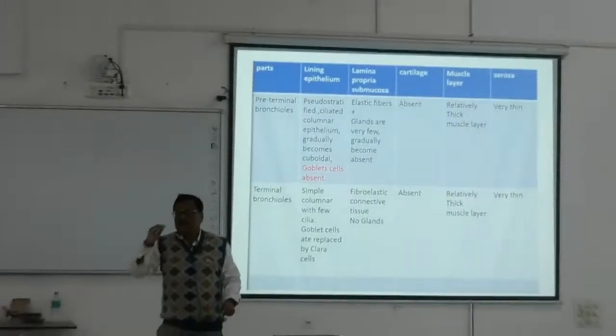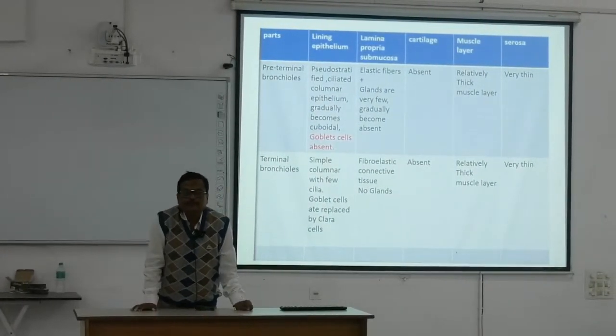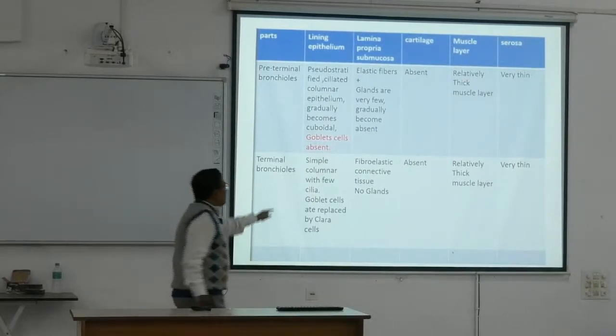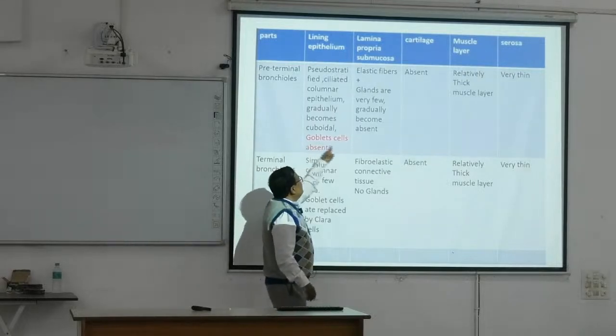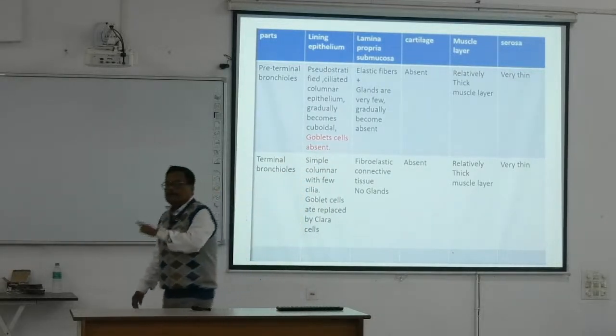Number 2 point, ultimately আরো যখন স্মলার ব্রঙ্কিউল হচ্ছে, লাইনিং এপিথেলিয়ামের হাইট গেটস রিডিউসড, it becomes cuboidal. চেঞ্জগুলি দেখো, অ্যান্ড লাল দিয়ে কি লিখেছি, goblet cells absent. যেই ব্রঙ্কিউল হলো, goblet cells will be absent.